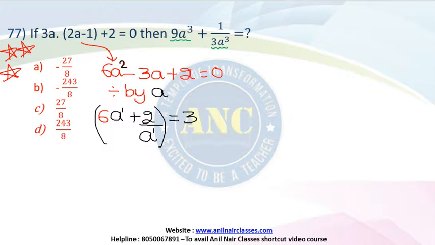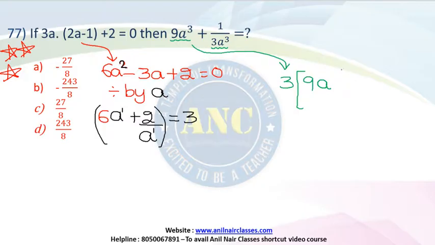But unfortunately in this question, 9 and 3 are not perfect cubes. But I want to make those given constants perfect cubes. 9 should become a perfect cube. That means 9 should become 27. I will multiply the entire thing by 3.